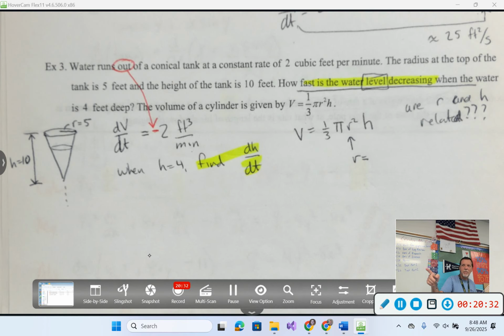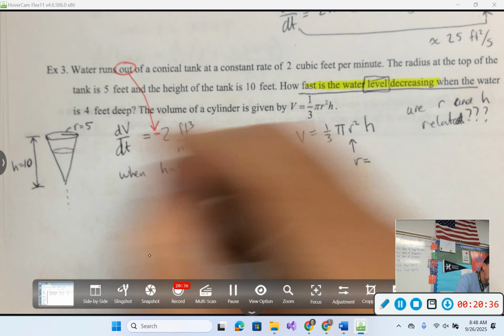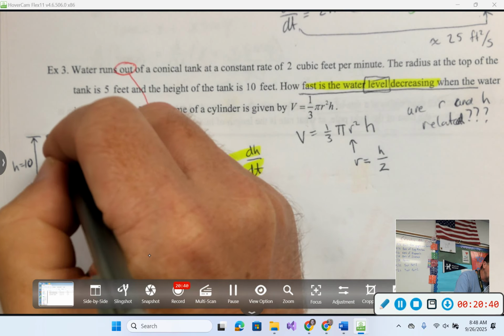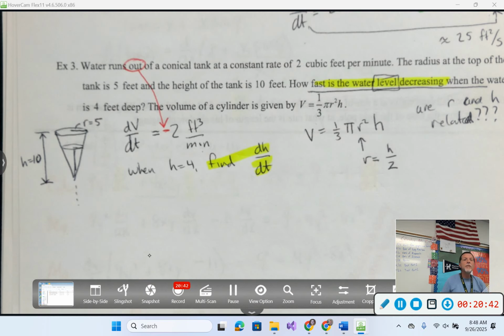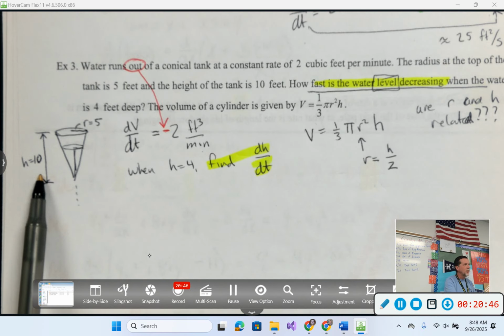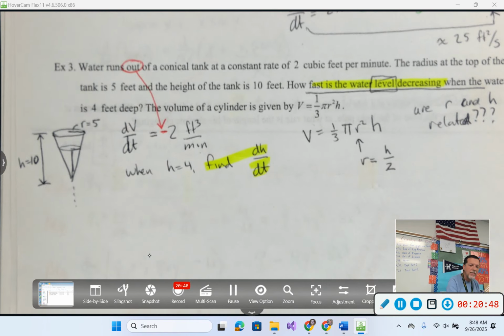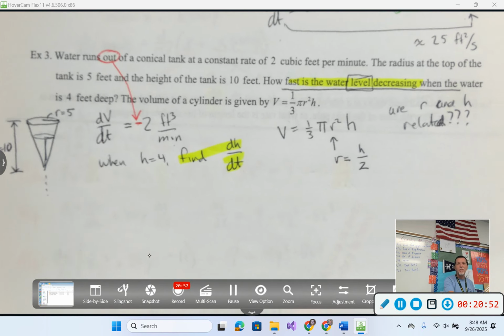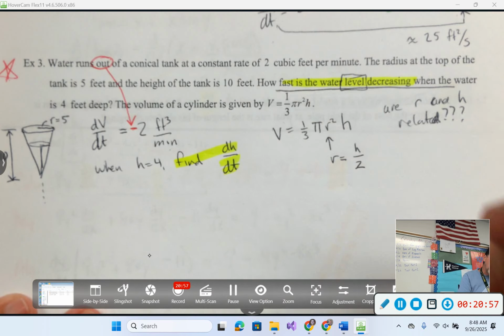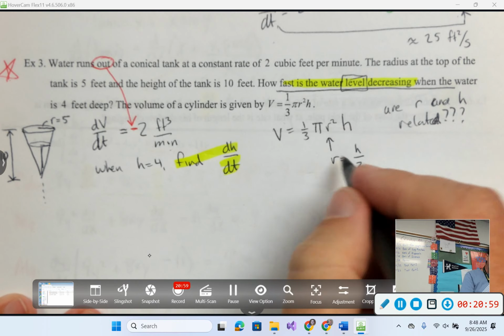Somebody said it. Barry, did you say that? But R is always H over 2. It's like a triangle thing going on in there. However much water is in there, R is half of H. R is half of H. This is the trickiest of these problems. You'll see one again, but this is the trickiest of the group.